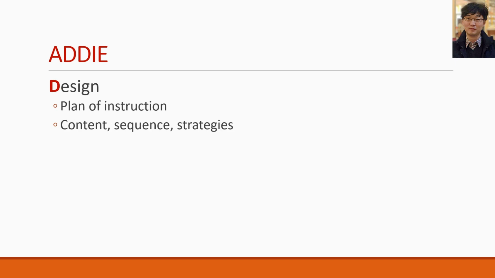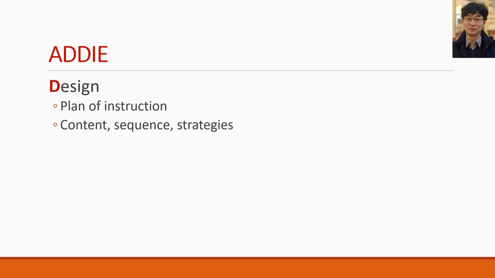In the design stage, basically what we need to do is to make a plan. We need to plan what content we need to put in our instructional materials. How can we plan the sequence of our instruction? Also, we need to think about strategies we need to use to deliver the instruction.